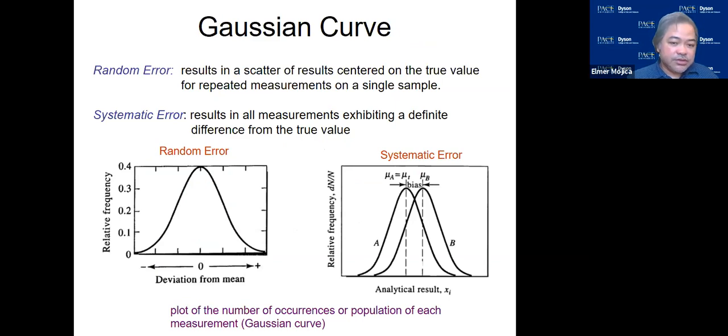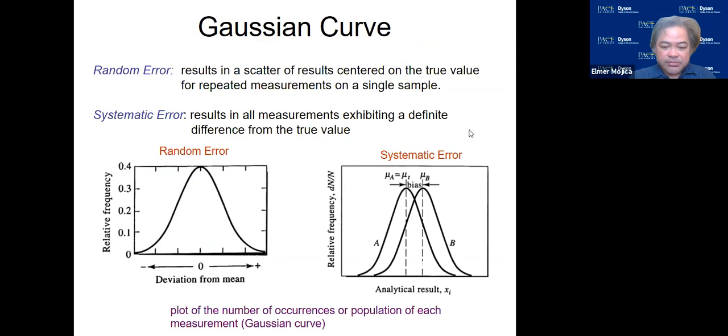Okay. So in our last chapter, we discussed random error and systematic error. Random error results in a scatter of results centered on the true value for repeated measurements of a single sample. Systematic error, on the other hand, results in all measurements exhibiting a consistent difference from the true value.